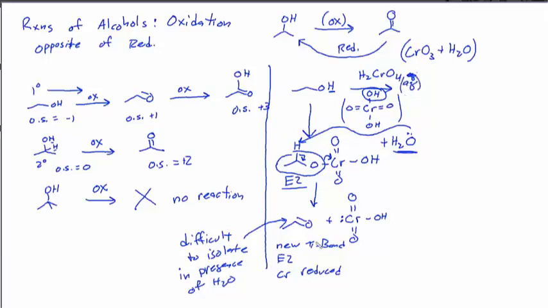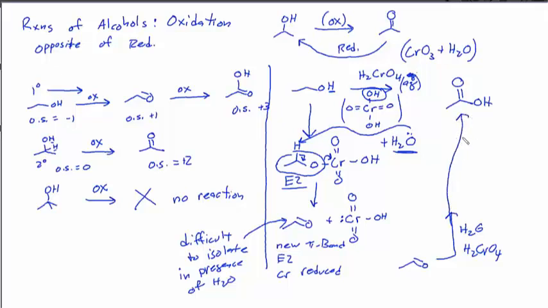So there's definitely water around. So we can't isolate this aldehyde. So the problem is, I'm going to redraw the aldehyde down here. The aldehyde, in the presence of water and in the presence of more H2CrO4, can't help but get oxidized further to form the carboxylic acid. So I'm just going to extend this arrow up here.